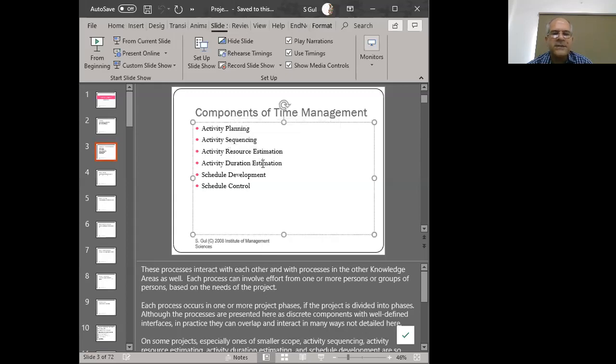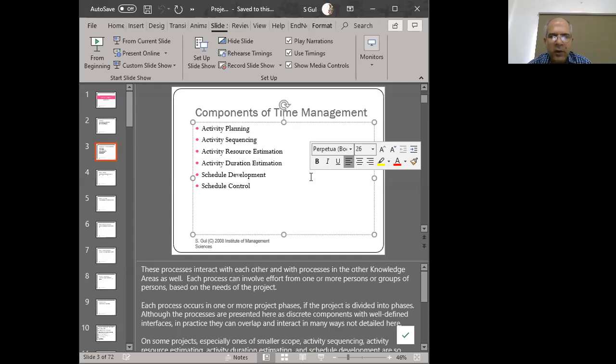Now, the duration estimation is concerned about how long an activity normally takes, right? So you may want to do something much faster, but is it possible, right? It may be possible to do that work in a shorter period of time, but then there's natural processes, and nature takes its own time for something to complete.